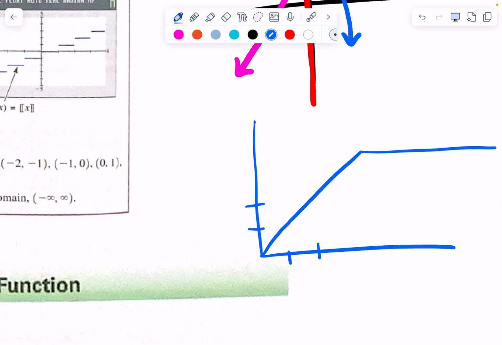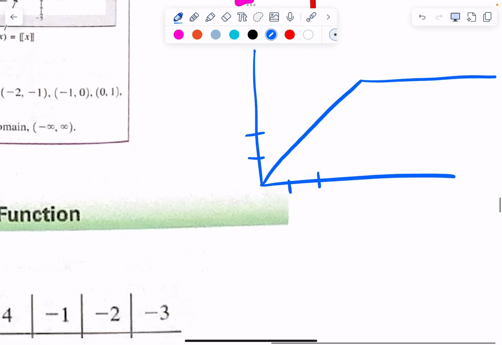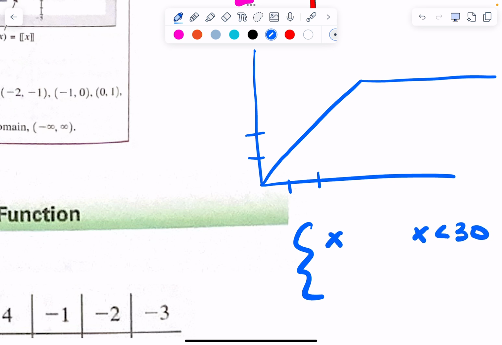So it's going to do this, right? What that's going to look like is you pay your age. So if you are younger than 30 years old, you are going to pay your age. If I'm 26, I'm going to plug 26 in here and I'm going to pay 26. If I'm 12, I'm going to pay 12. But if you are greater than or equal to 30, you are only going to pay $30.